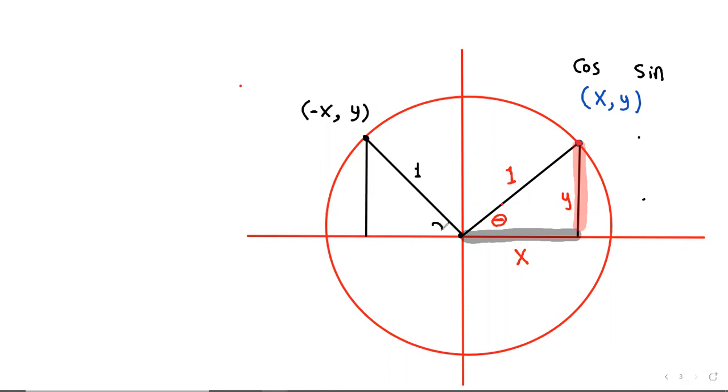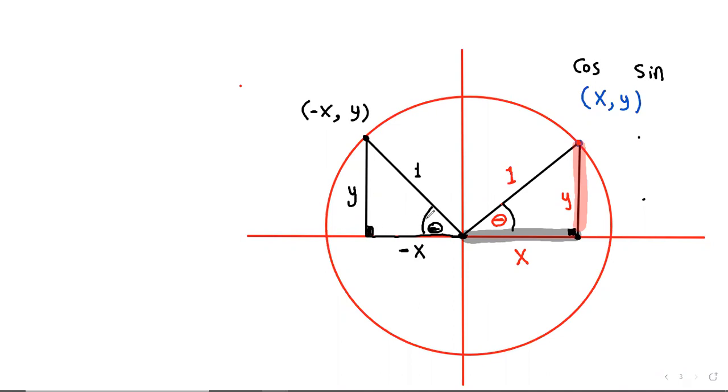What is the relation between the two triangles here? The two triangles are congruent. Do you know why? Because this angle is right. The length from this point to the origin is X, and the length from the origin to this point is negative X. And here we have Y, and this side is Y.